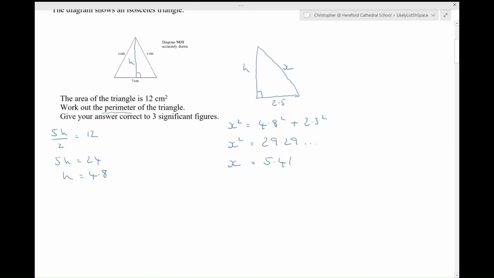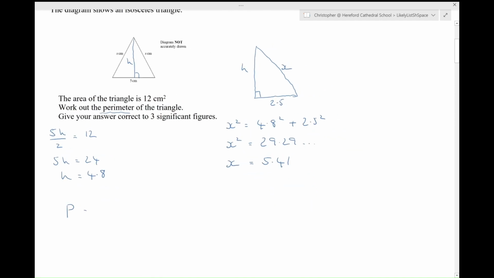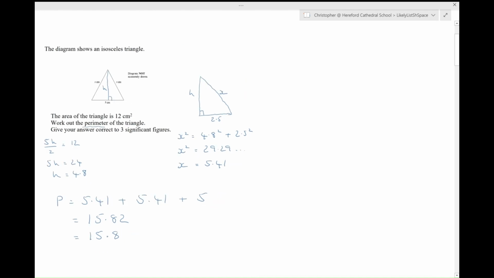So what I'm going to have for the perimeter is 5.41 plus another 5.41 plus 5. So the perimeter of my triangle is 15.82, and I'm asked to give that correct to 3 significant figures. So the answer is 15.8 centimetres to 3 significant figures.